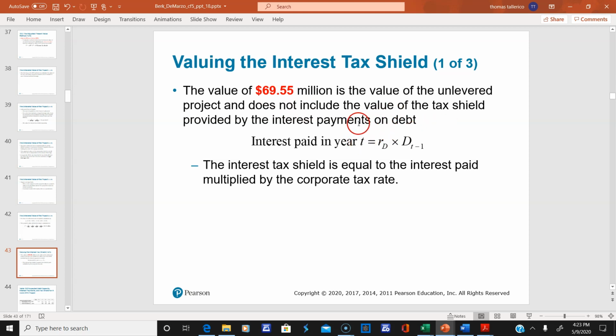Now here's the interest paid in year T. That's the debt return multiplied by the corporate tax rate. Here's the corporate tax rate, so this is the tax on the debt.